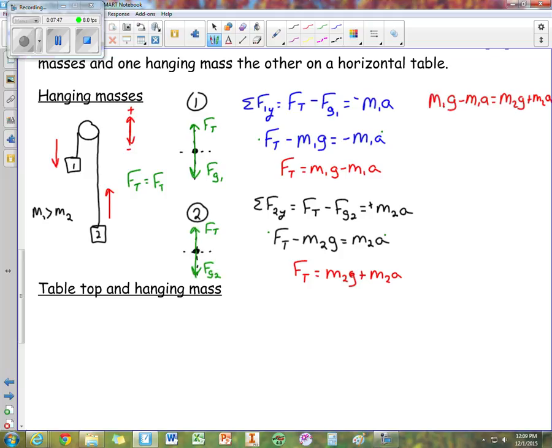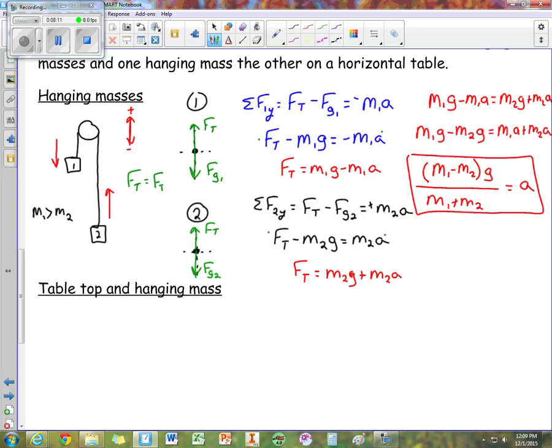And then I would just solve for a. And that gives me an expression to get the acceleration. If I wanted the tension force, I could have solved both of these equations for a, set them equal to each other, and then I could have found the tension force.